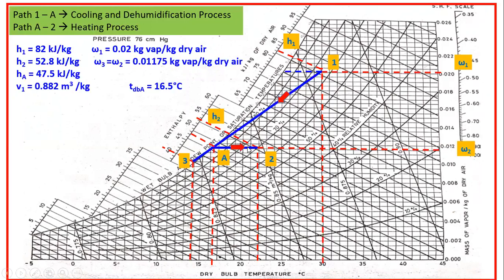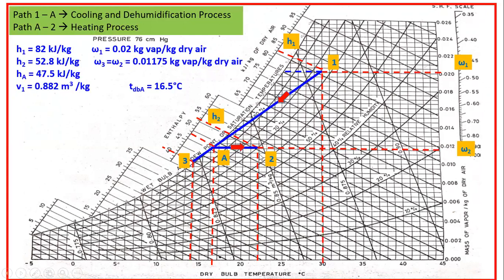Sensible heating means there should be only an increase in the DBT, maintaining the specific humidity constant. So the cooling and dehumidification process is represented by 1 to 3. So draw a line 1 to 3.